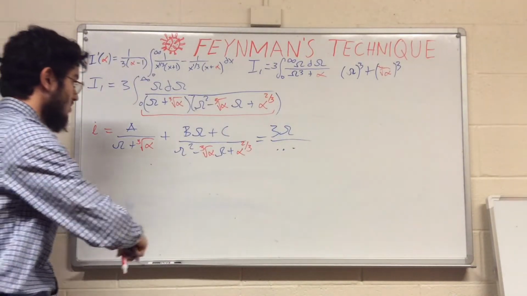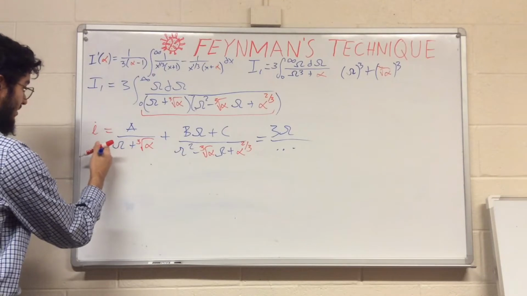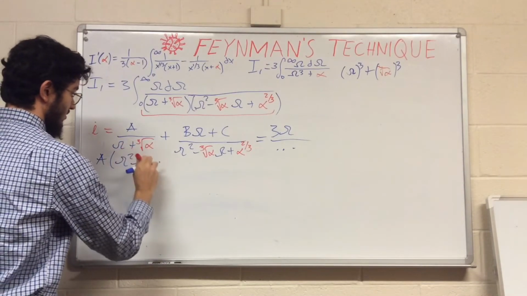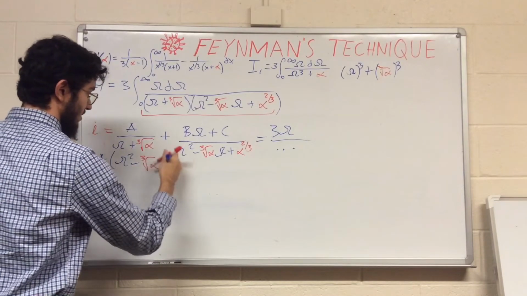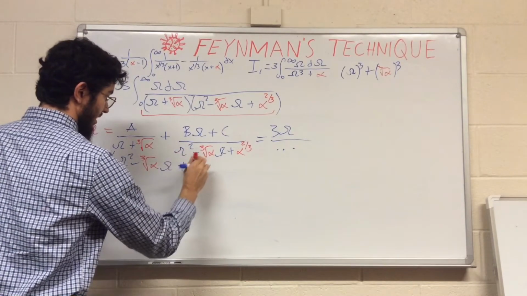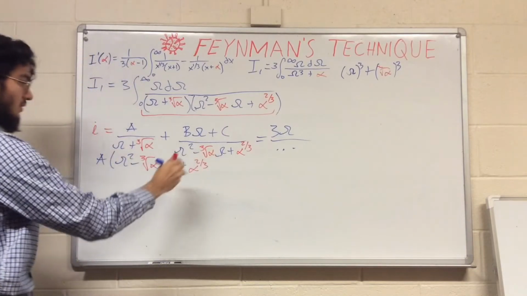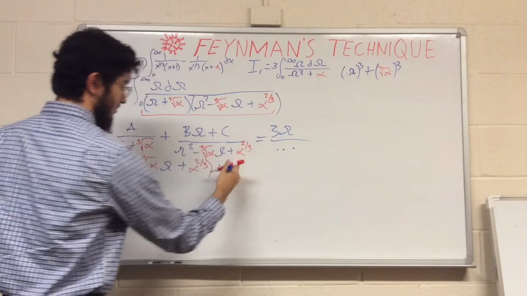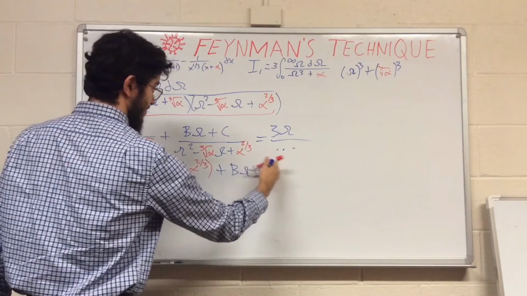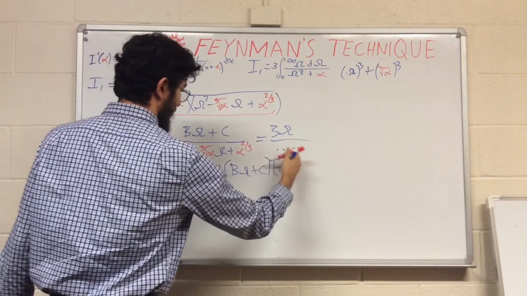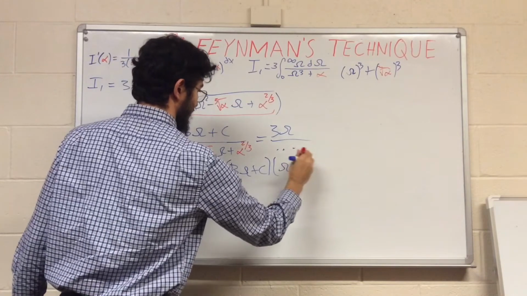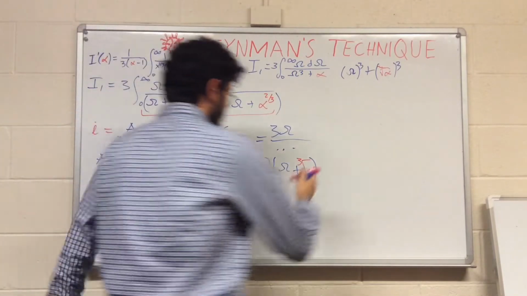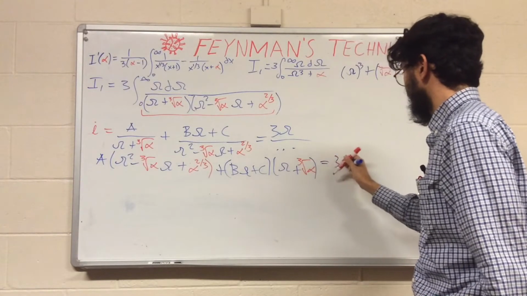So we find the least common denominator over here, and we get that A times omega squared minus the cube root of alpha times omega plus alpha to the power of 2/3, and then we add B times omega plus C multiplied by omega plus the cube root of alpha, and all of that is going to be equal to 3 omega.